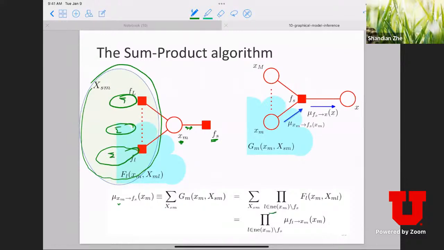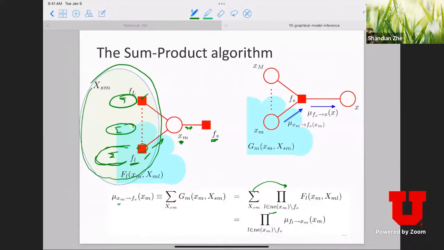So if you do this, you just move the summation inside the product across different subtrees. The summation inside each subtree is essentially the aggregation of the product in this subtree rooted by this factor node, which by definition is the message sent from this factor node to a variable node.